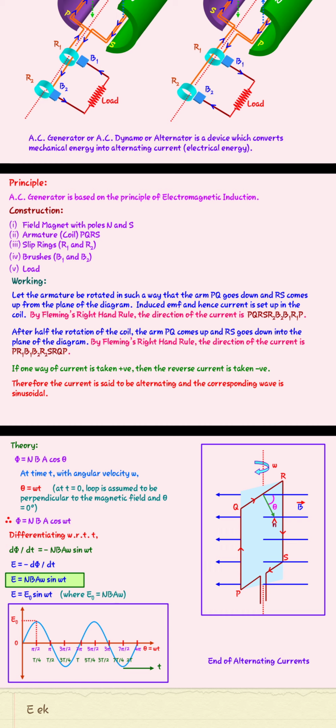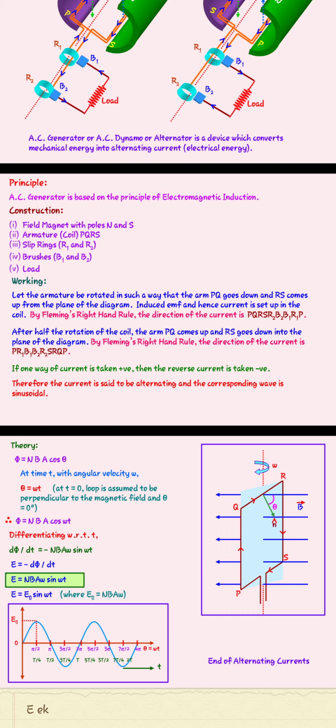We know that induced EMF E is given by minus d phi upon dt. Therefore, differentiating the above equation with respect to t, we get d phi upon dt is equal to minus NBA omega sin omega t. So we will get the maximum induced EMF if sine omega t is equal to 1.